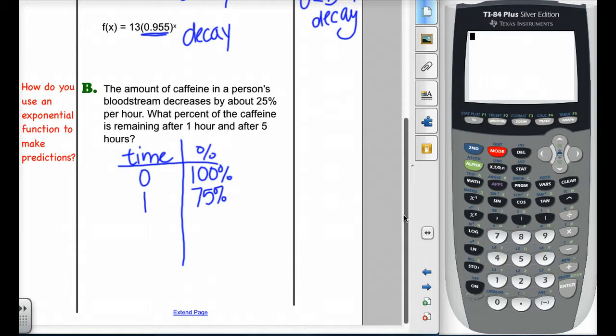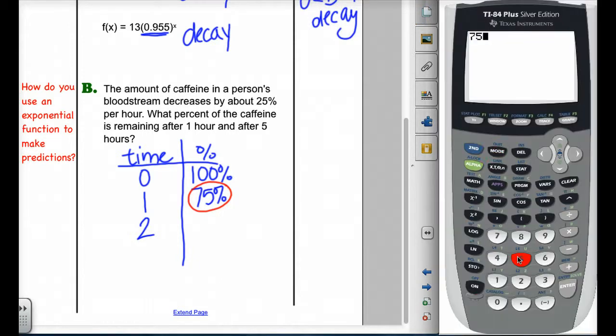Now here's where it gets tricky, because after 2 hours, it's 75% of, we have to take 25% of that 75%. So if we think of it like a 75 and do 75 times 0.25, we're going to get 18.75. That's how much it's decreasing by. So if we then take 75 minus 18.75, we get 56.25.